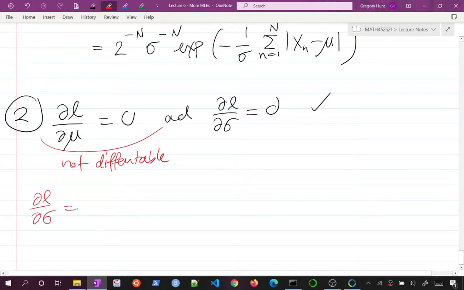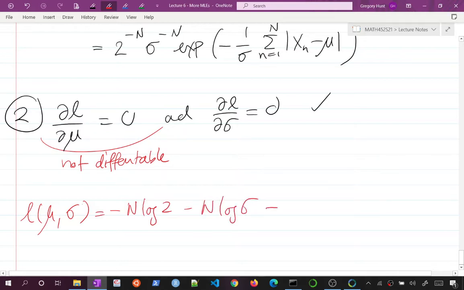dL/dsigma is, if I were to fix my mu... well, let's look at the log likelihood. The log likelihood is negative n log 2 minus n log sigma minus 1 over sigma times the sum of the absolute values of xn minus mu.